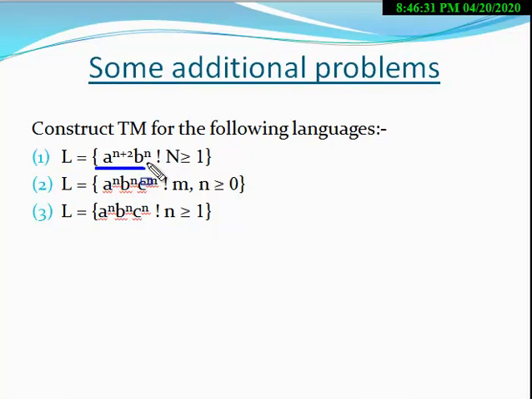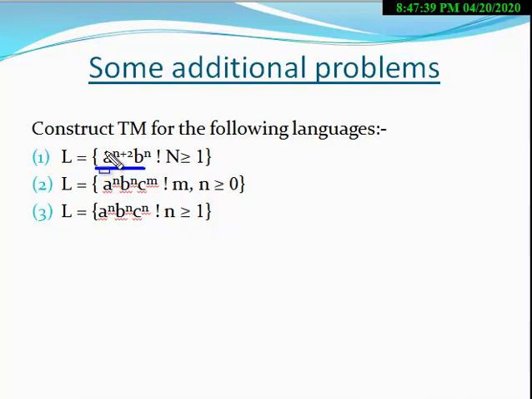We have the first question which we have solved previously. I have solved the question a power n and b power n. This question is the same as that question, a power n, b power n. Here you are given a power n plus 2 and b power n. So the same logic you have to apply here.